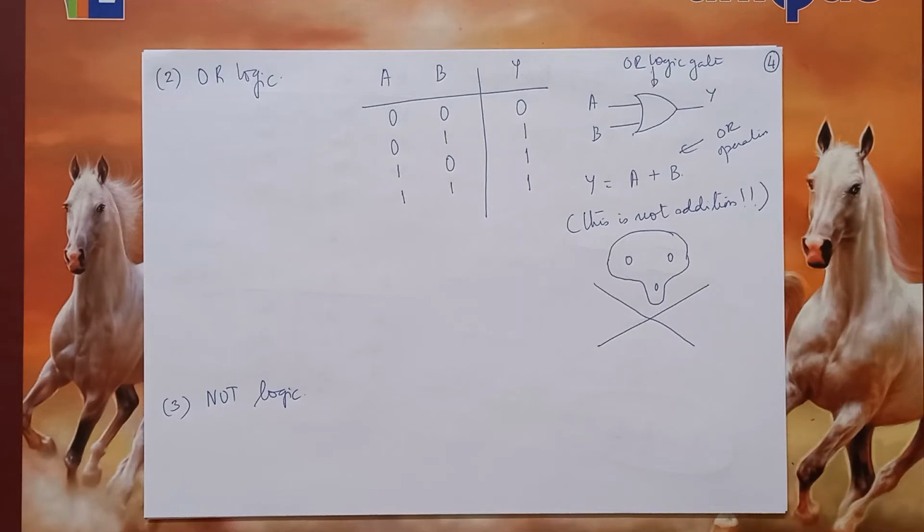Suppose I say that I would like to go and watch a movie in the theater. I would like to go to the theater and watch a movie. That is the decision I have to take, whether I should go to the theater or not.